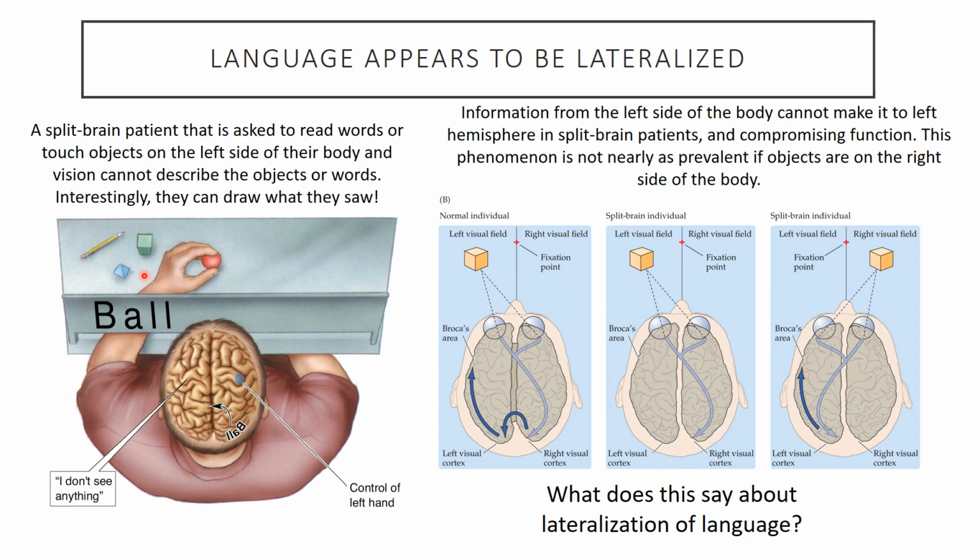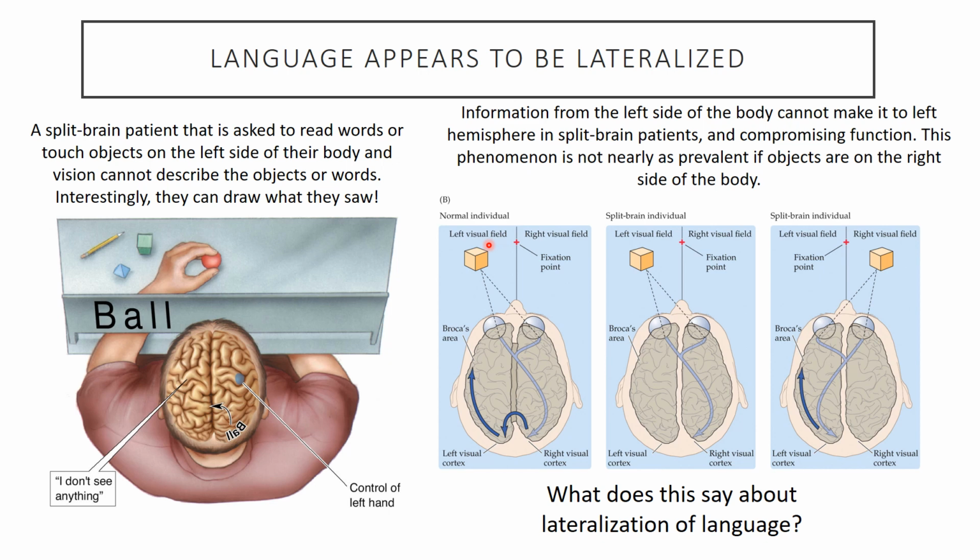Why is this the case? If you think about it, if it's on the left-hand side, that means it's largely being perceived by the right half of the brain. So let's walk through what this looks like here. In a normal individual, you put a cube in the left part of the visual field, and they have to stare straight ahead. They can't cheat. They can't turn so that the cube is in the center or in the right part of the visual field.